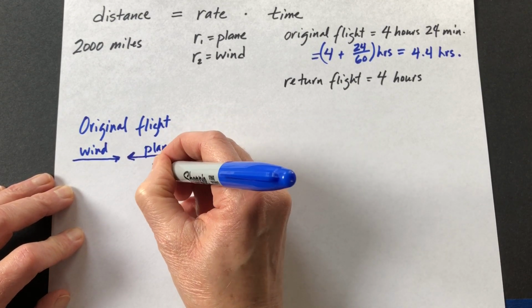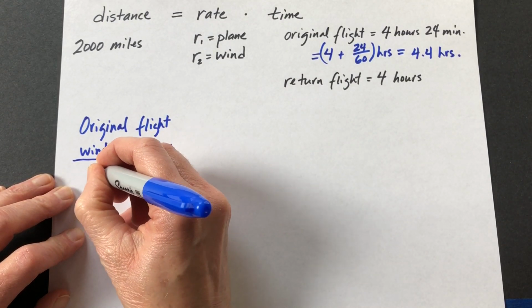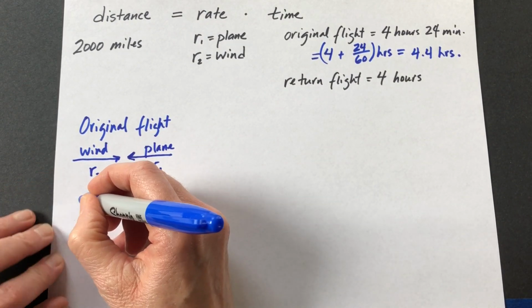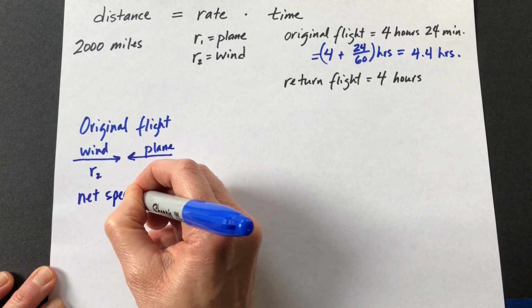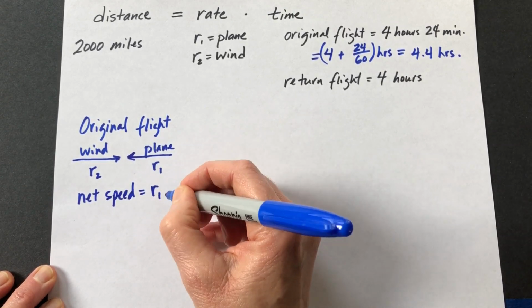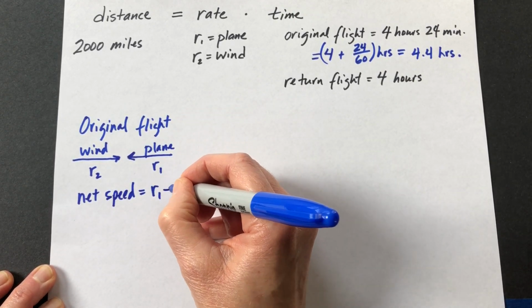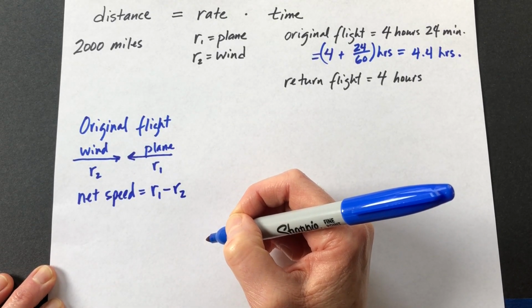If we're calling the rate of the plane R1 and the rate of the wind R2, the net speed of the plane is going to be the speed minus that wind speed, so R1 minus R2.